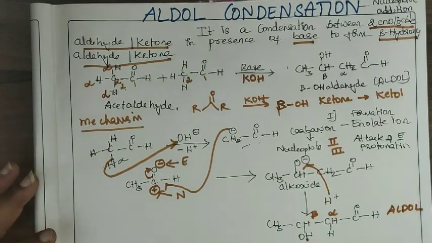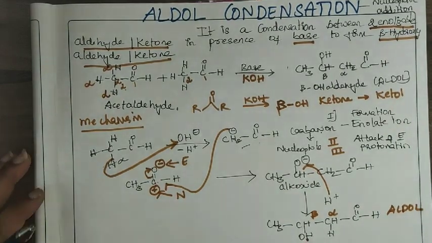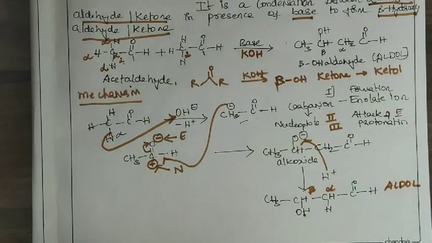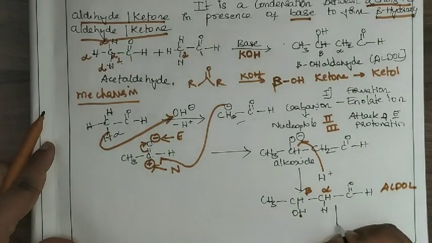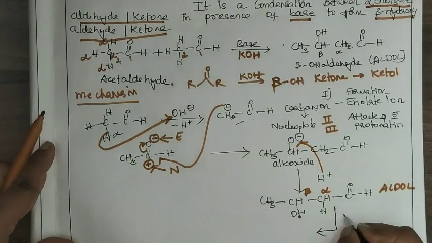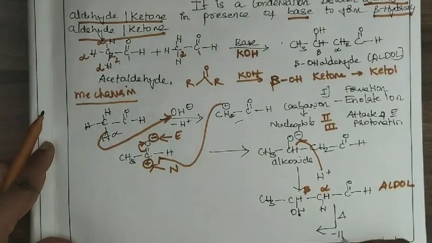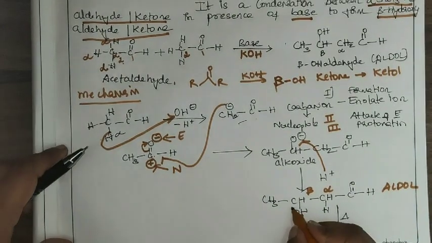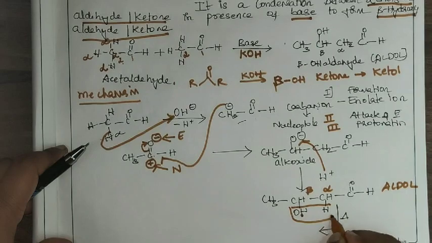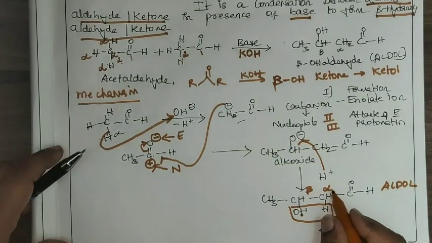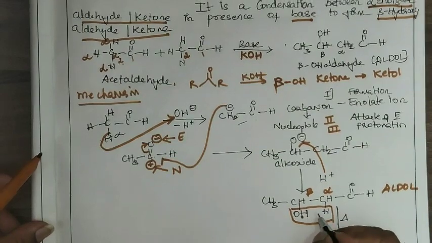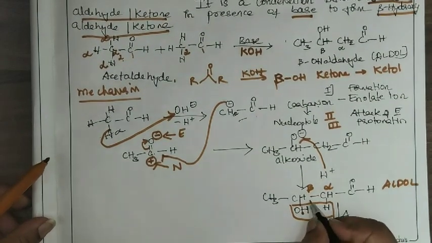So this is the product obtained from the aldol condensation, and once the aldol is formed, at high temperature this aldol undergoes dehydration. Dehydration means what? It is the removal of a water molecule. Hydrogen from the alpha carbon and hydroxyl ion from the beta carbon will go, and the product formed is an alkene.